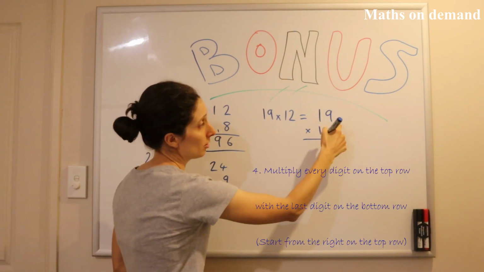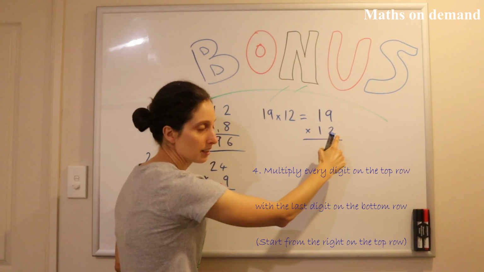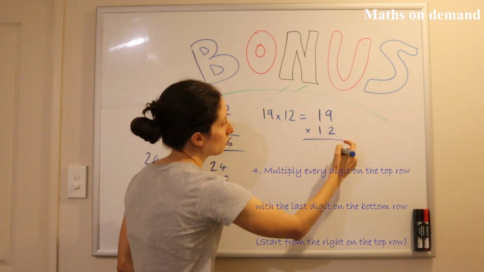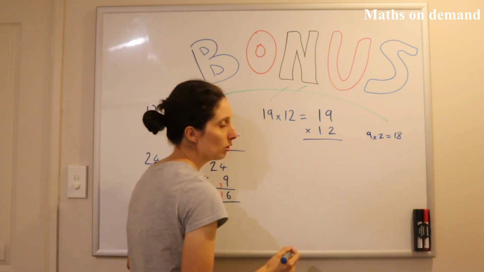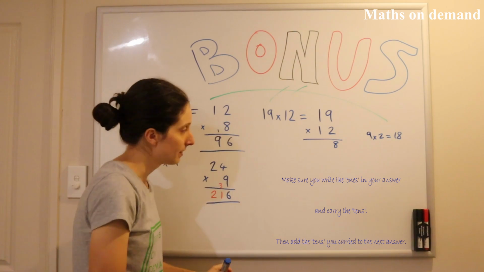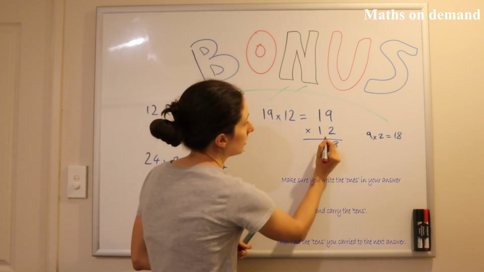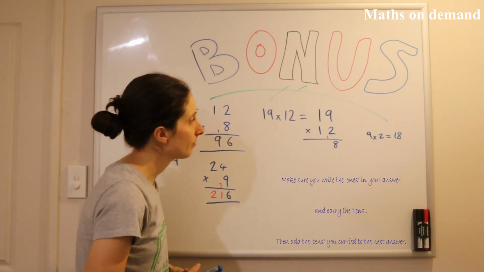We take the digit on the right, multiplied by the digit on the right down here. 9 times 2 is 18. So, write the ones in our answer and carry the tens, which is 1 in this case.